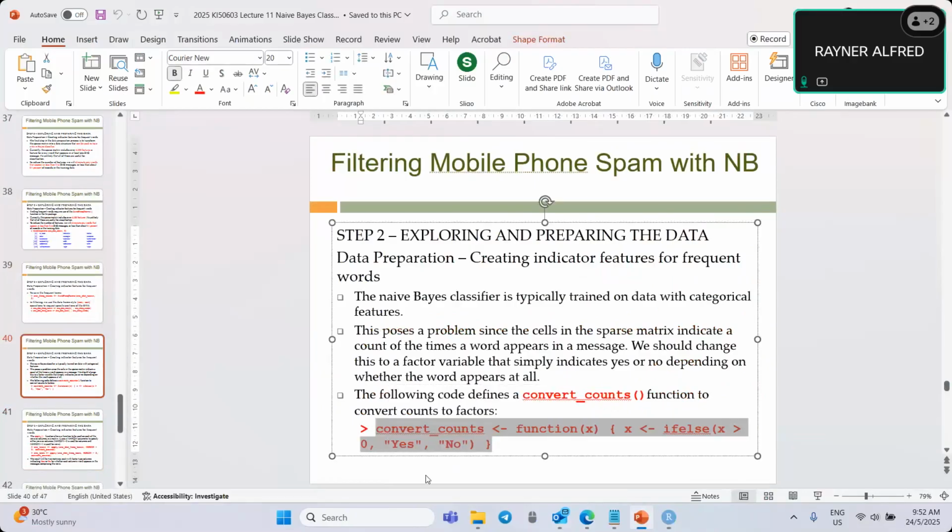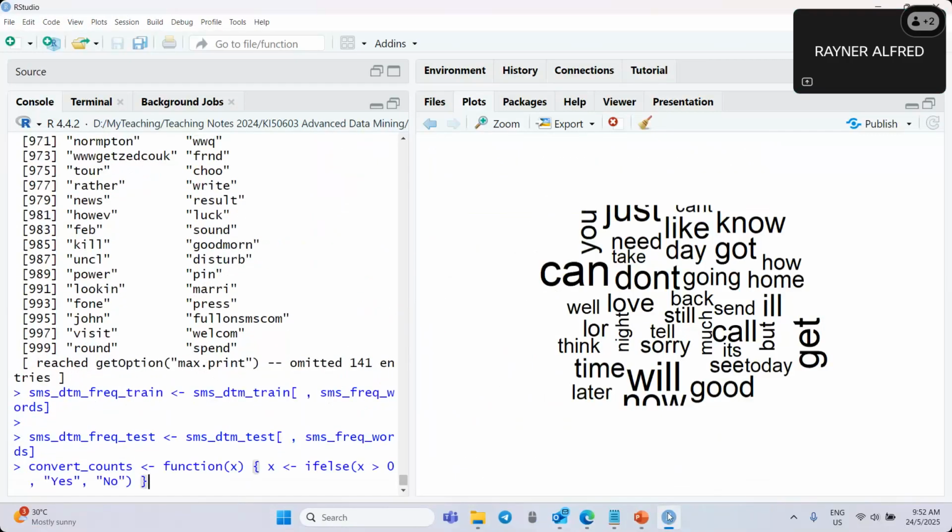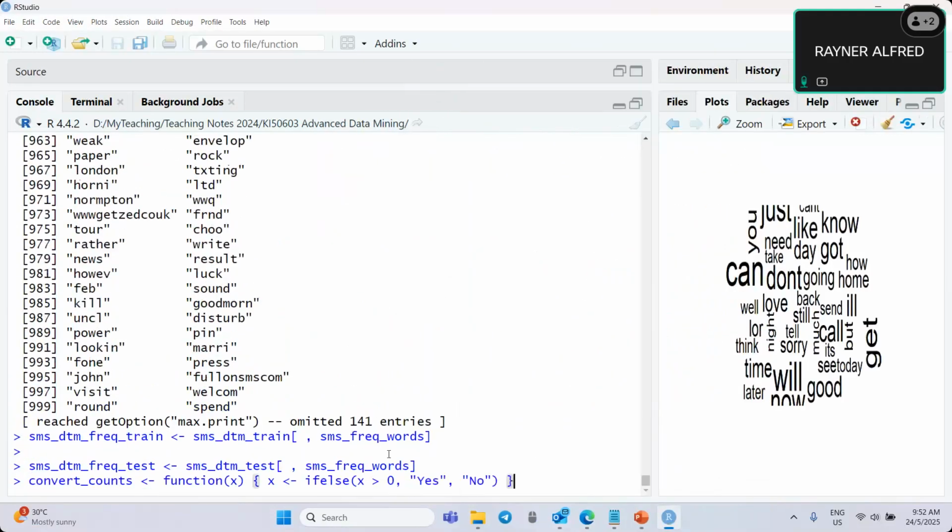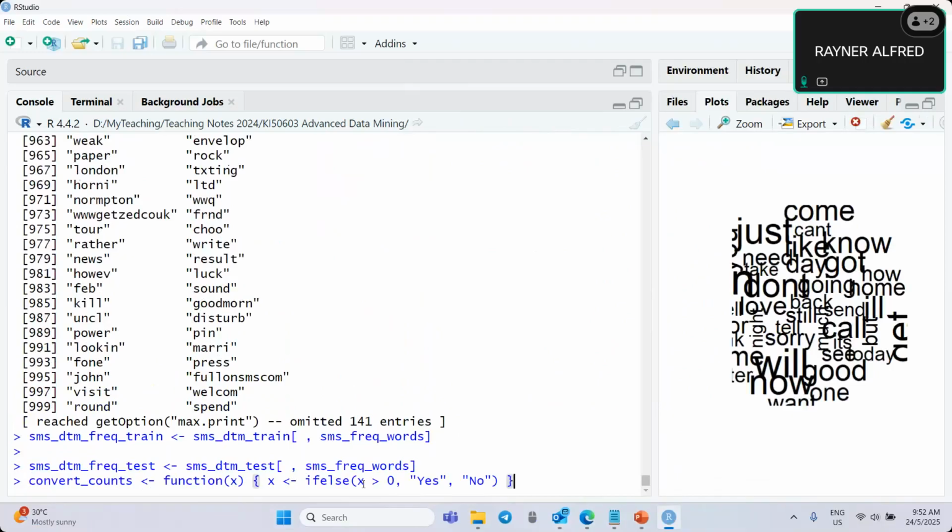And then this one is just to count, since we are defining a function count here. So if x is greater than 1, then yes.